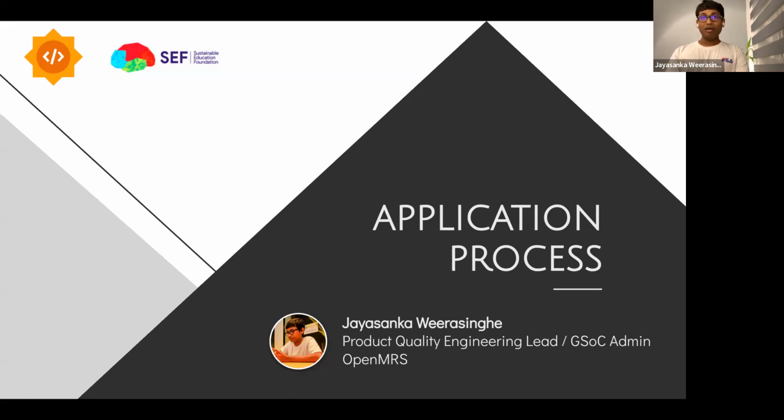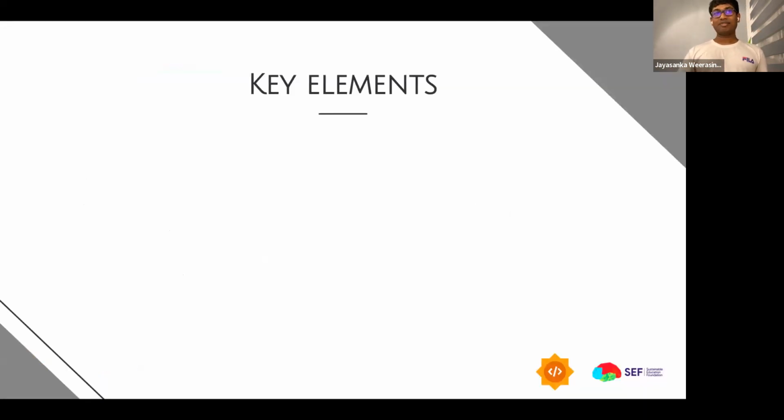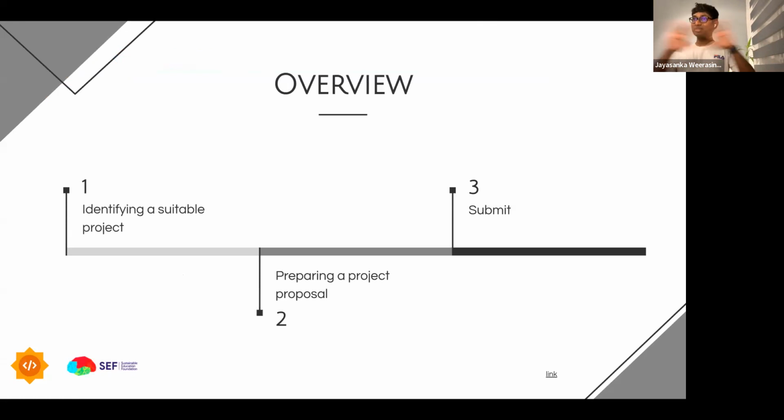So now, do you have an idea about the overview of this GSoC program? The most important part of the GSoC journey is the application process, because this will let you decide whether you can continue or not, right?